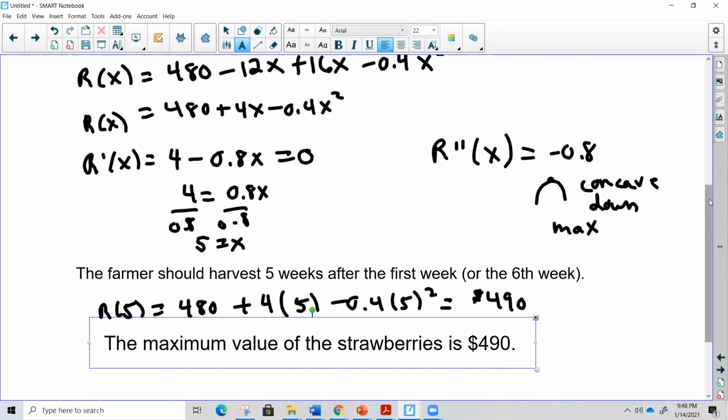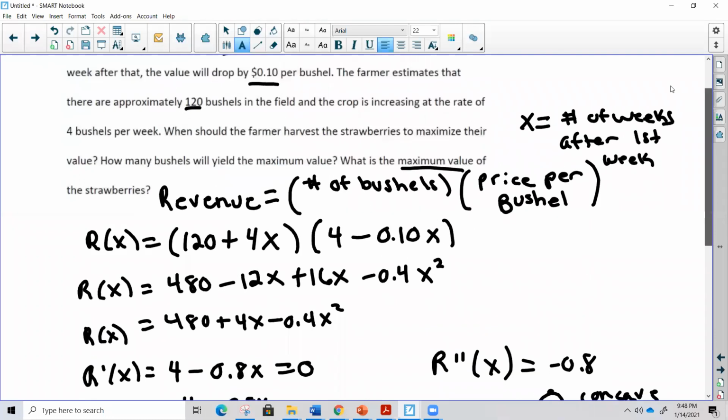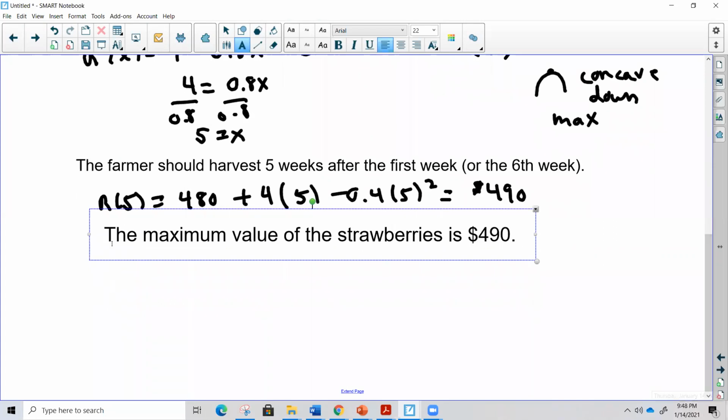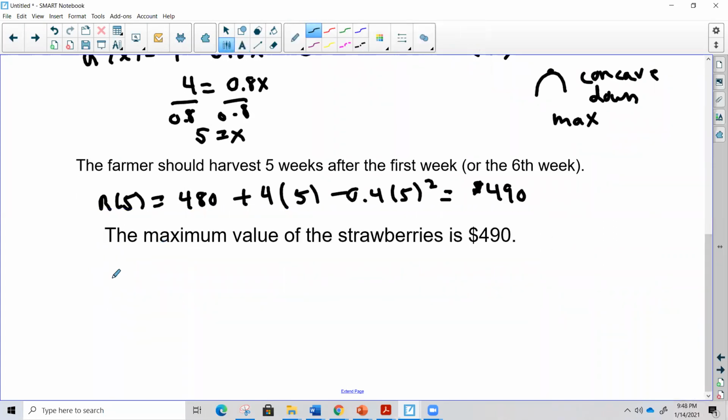And then the last part, how many bushels will yield the maximum value? Okay, so remember, the number of bushels is this part of the formula, 120 plus 4x. So I'm going to plug it into that. Let's just say B for number of bushels is 120 plus 4x.